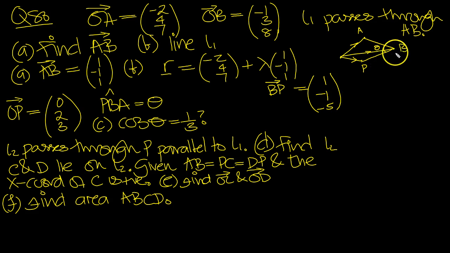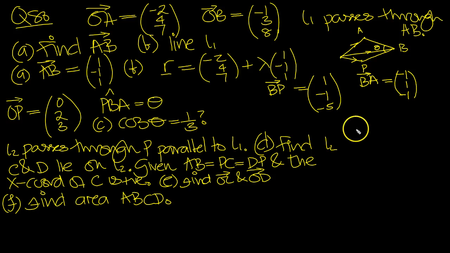And we need BA, which would be (-1, 1, -1), the other way around from AB, isn't it?